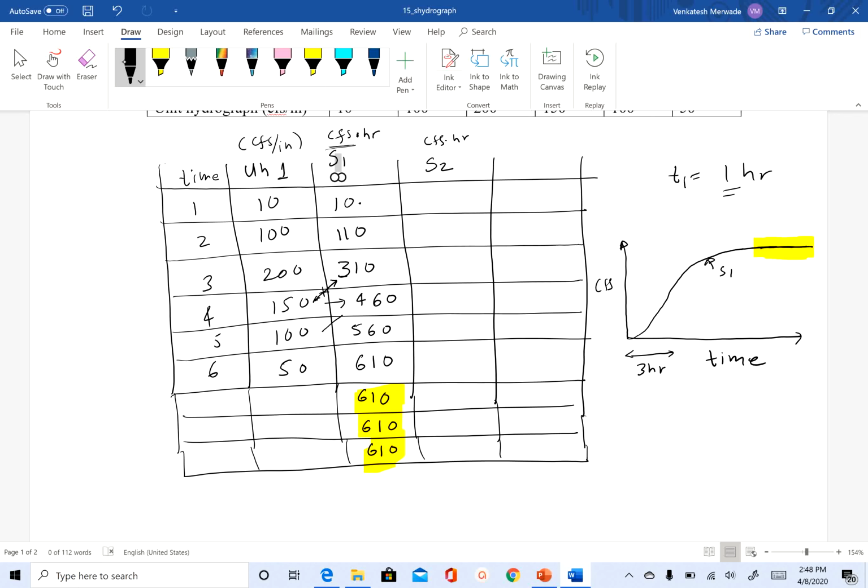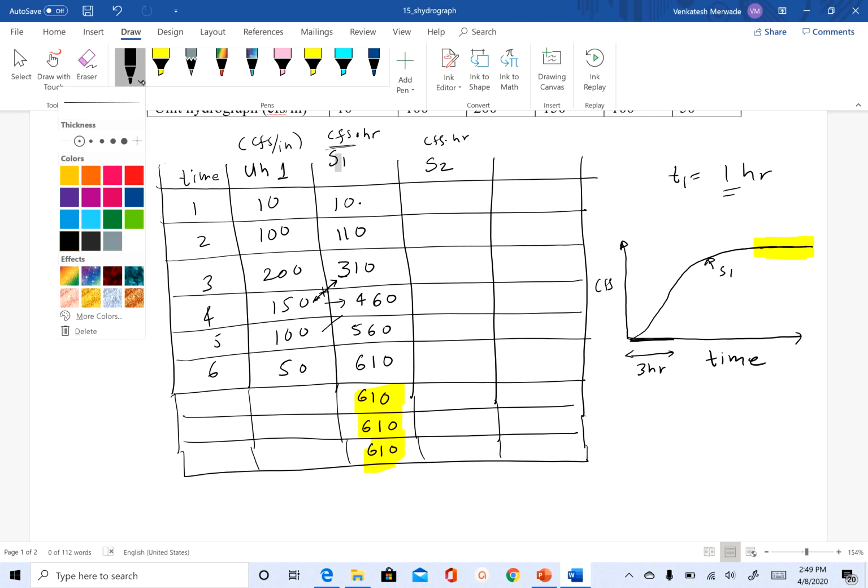Let me draw S2 first and then I will show how to fill that column. If you look at the S1 curve, I will delay it to get S2, but let me use a different color.